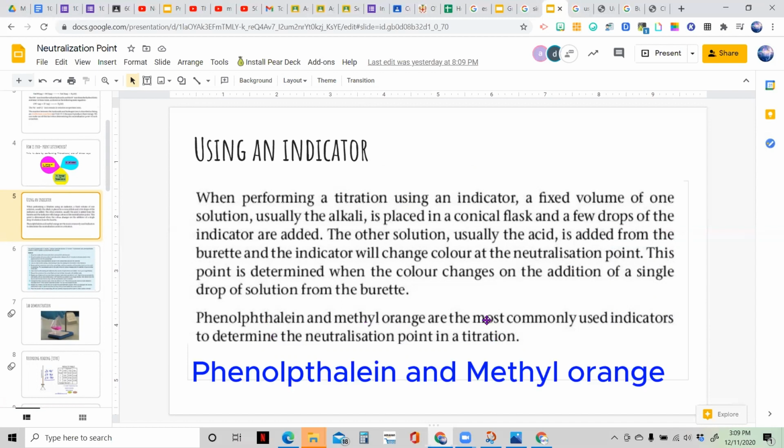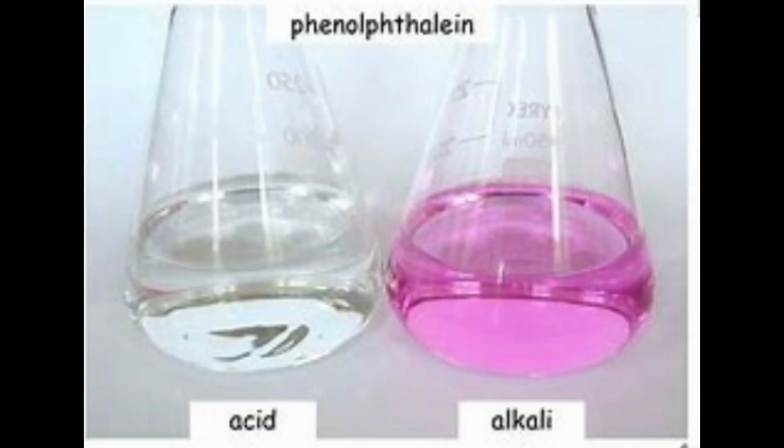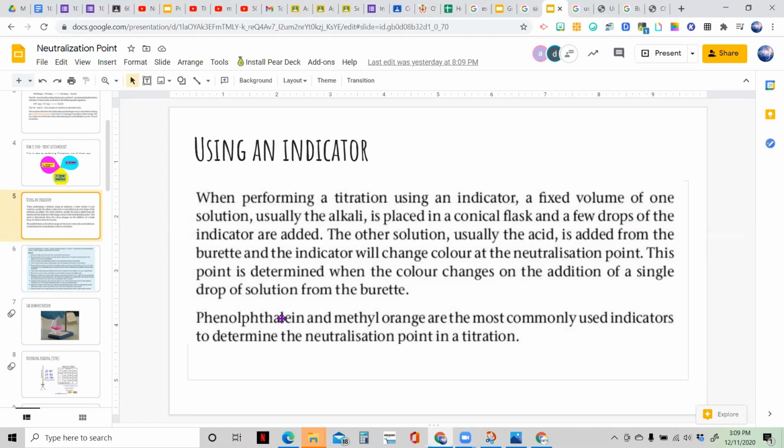They are the most commonly used indicators to determine the neutralization point, and this is because there's a distinct color change. Phenolphthalein is pink in a base, but remains colorless in an acid.